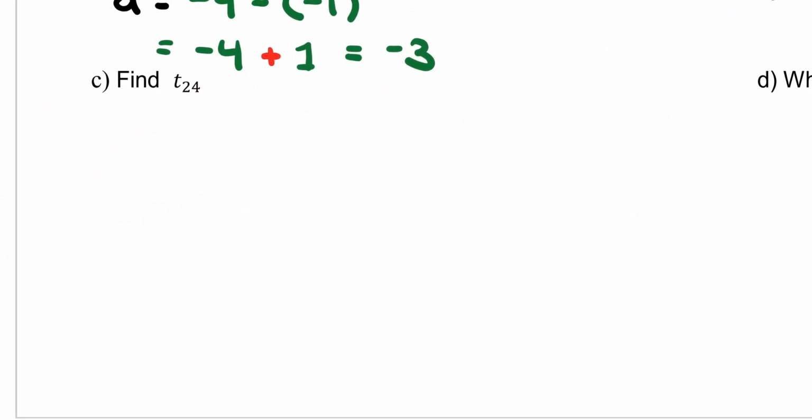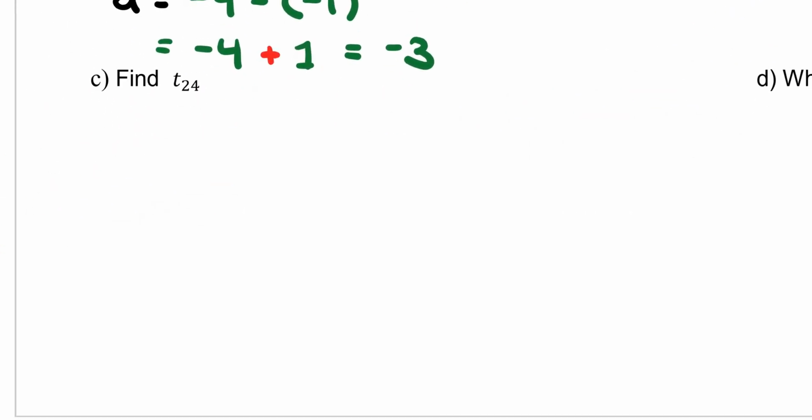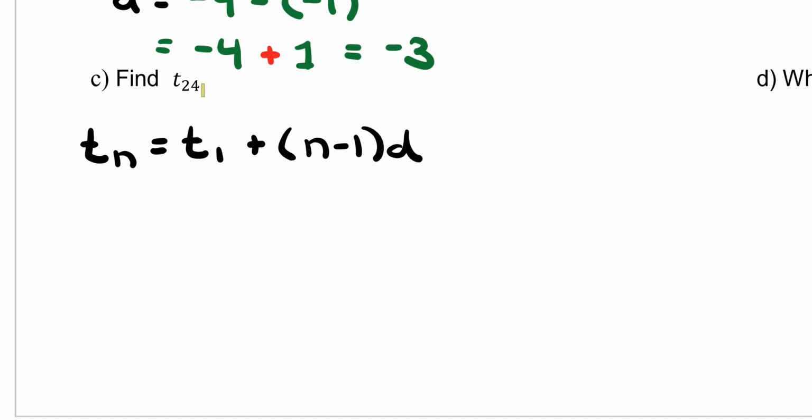Okay, find the 24th term. Now for the 24th term, you're just essentially using the formula, which is Tn equals to your first term plus brackets n minus 1 times the common difference of D. Okay, so that means n is going to be 24 in this case, so I'll write my T here with my 24 equals to my first term.